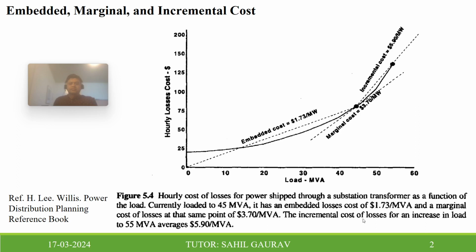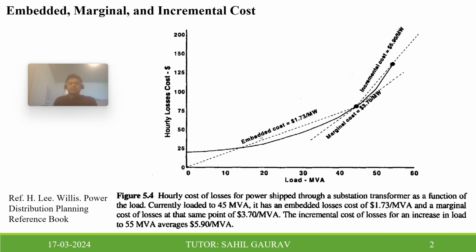The incremental cost of losses for an increase in load to 55 MVA averages 5.90 per MVA. So these are the data given for an example. Let us see what this means: embedded cost, marginal cost, and incremental cost.